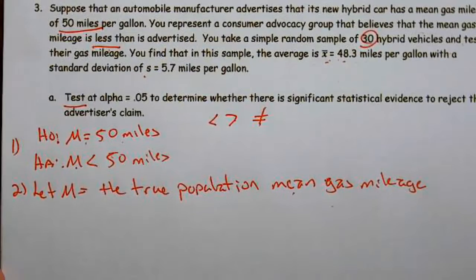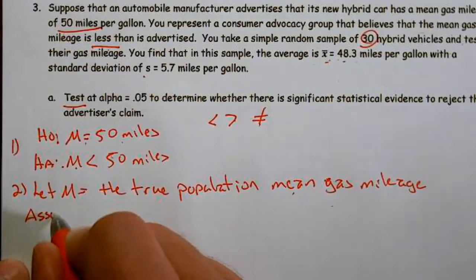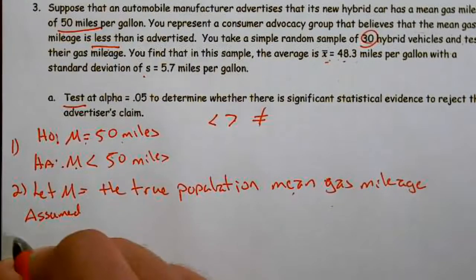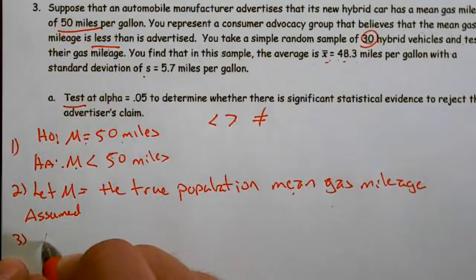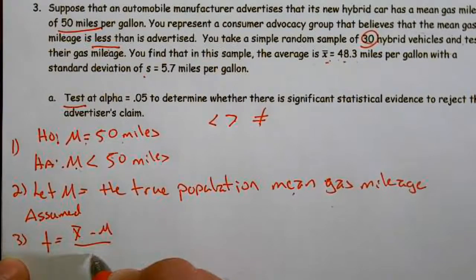Then I'm going to need to write my conditions. Well, for our class, our conditions are assumed. And then part 3, I'm going to write my equation. So t equals X bar minus mu over S divided by the square root of n.